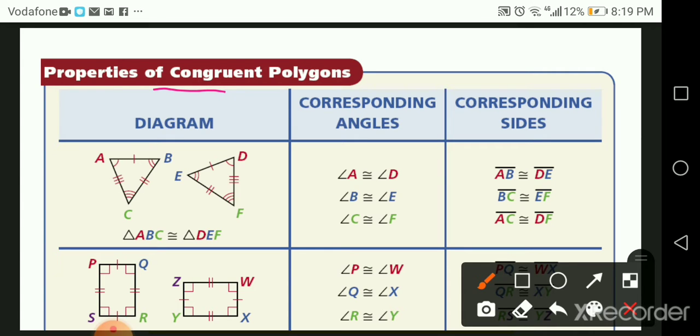If I have two triangles, triangle ABC and triangle DEF, what do you think? They are congruent. Why? This is the sign of congruency.